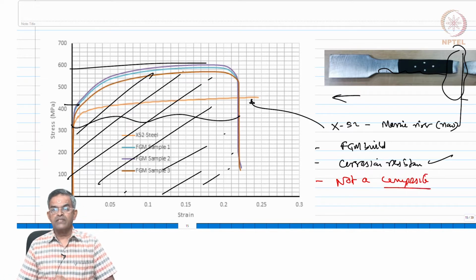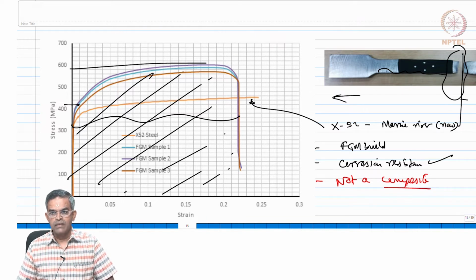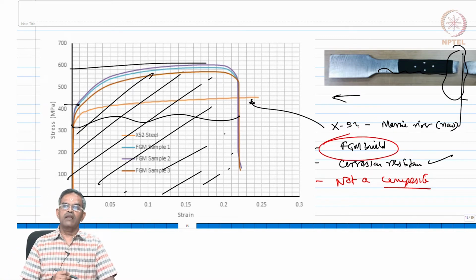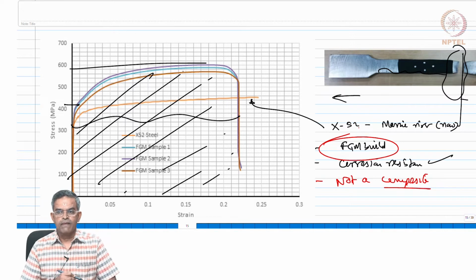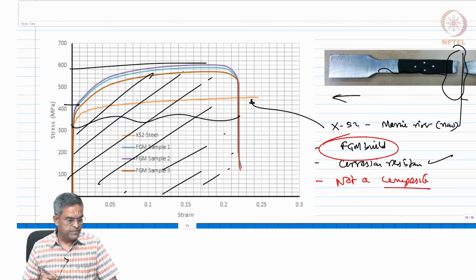Though it is manufactured in layers, though the deposition is done by wires, because of the manufacturing process and technique, the chosen two materials got unified and you get a single material as an outcome. Okay, that is the whole emphasis we want to make here.